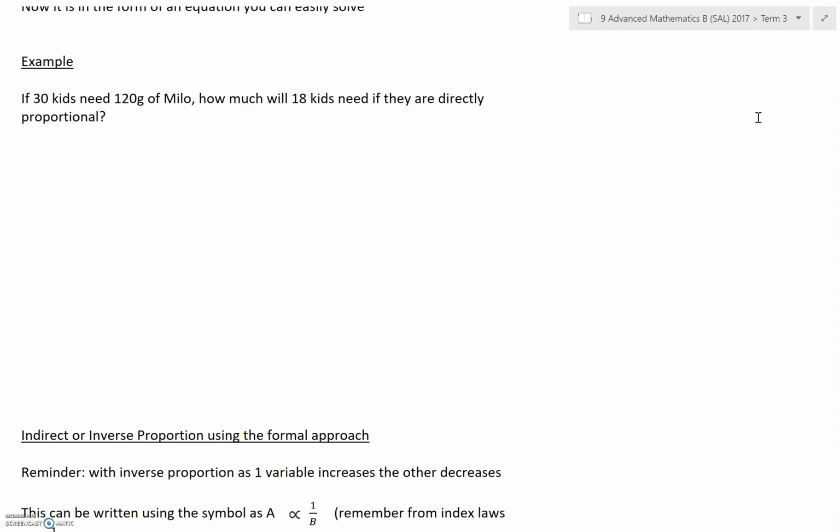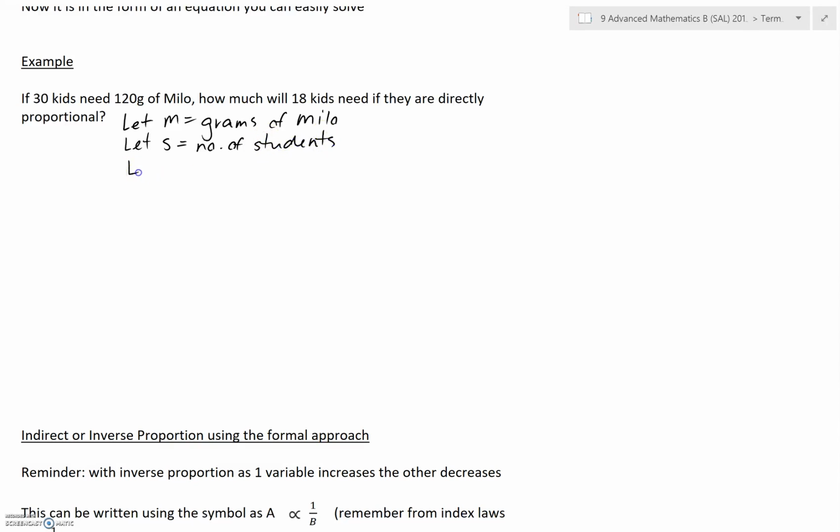So let's solve this in a formal way. We know they're directly proportional, so let's see what we can do with it. So the first thing I'm going to do is define some variables I can use. So let M equal grams of Milo. I'm going to let S equal number of students or kids.